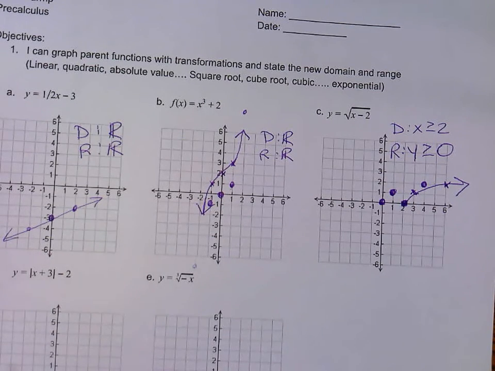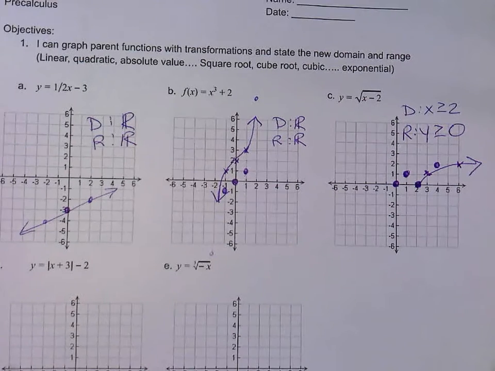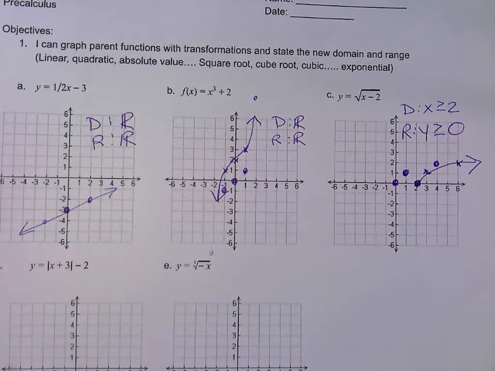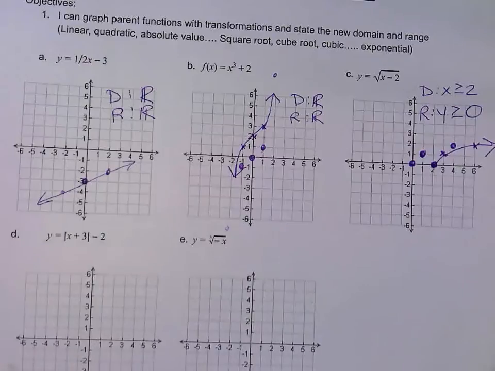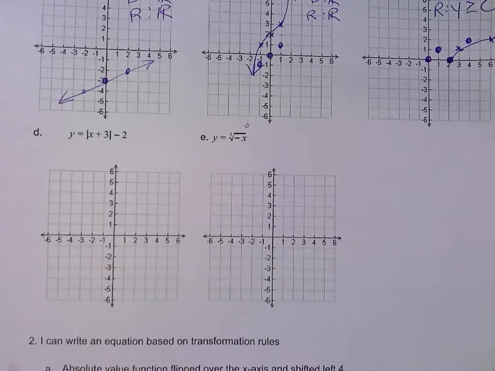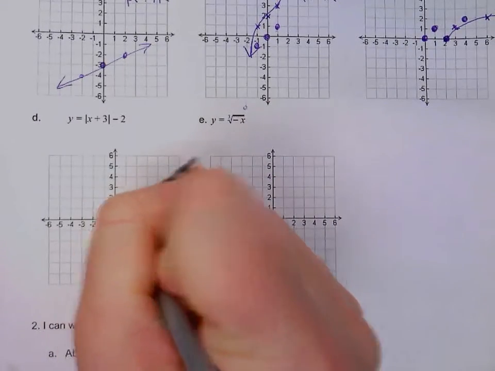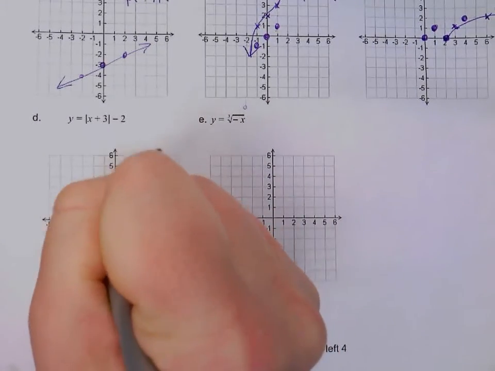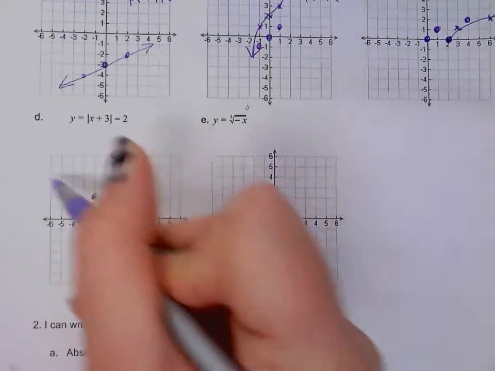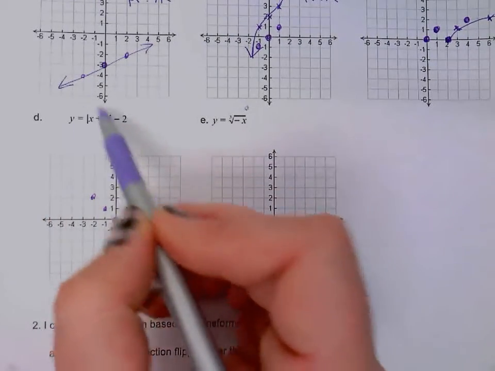Okay. How did we do, now that I've showed you those 3 parent functions and shifted them? Feeling a little bit more confident, maybe? Yeah? Okay. So absolute value, the parent function is a V-shaped graph at the origin that's going up with a slope of 1 and -1. Because absolute value is just the distance from 0.